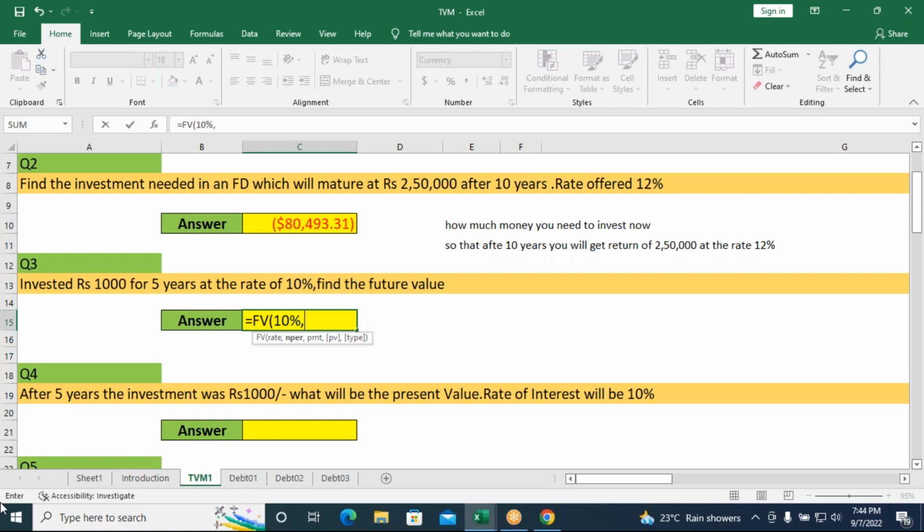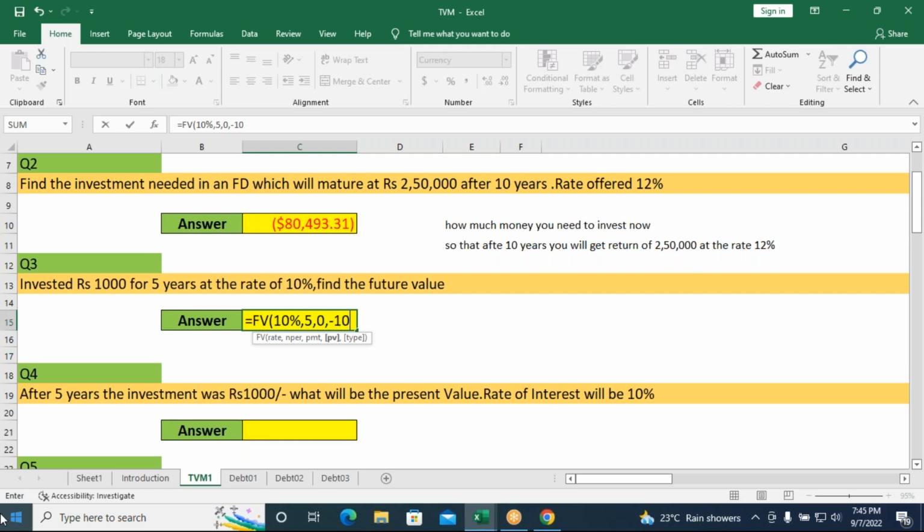5 years, and I don't know the payment, that is, I don't know PMT, comma. Now how much am I investing? 1,000. So is the money going from me or coming to me? It is going, so minus. Yeah, very good. So it is minus 1,000, comma.